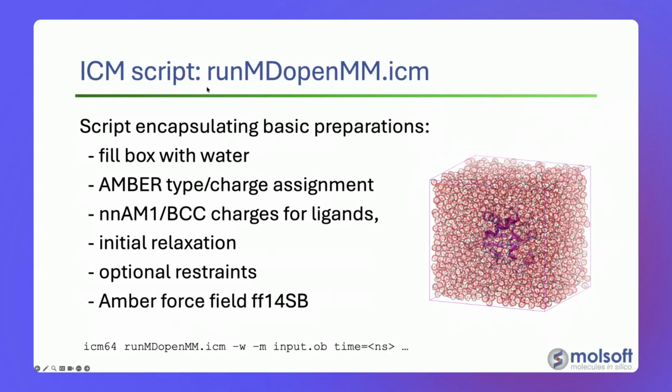The ICM script is called run md openmm, and you will find it in the /bin directory of your ICM distribution. The script has all the basic preparations, such as filling the box with water, the Amber type and charge assignments, and we also support the AM1-BCC charge model for ligands, which provides fast and reasonably accurate partial charges during the MD simulation.